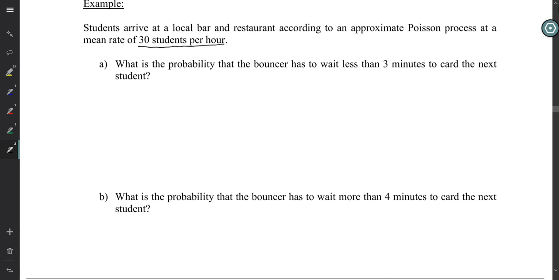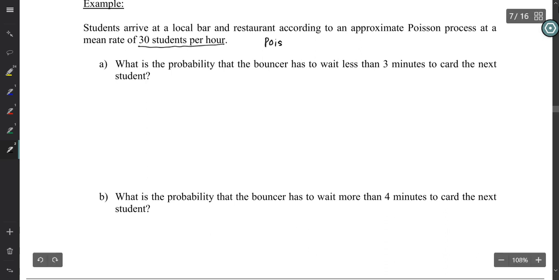And part B is to wait more than 4 minutes for the next customer, and so on. Before we start calculating, you have to identify correctly the distribution of this scenario. So you have the approximate Poisson process at a mean rate of 30 per hour. It says Poisson, so this is the Poisson rate.